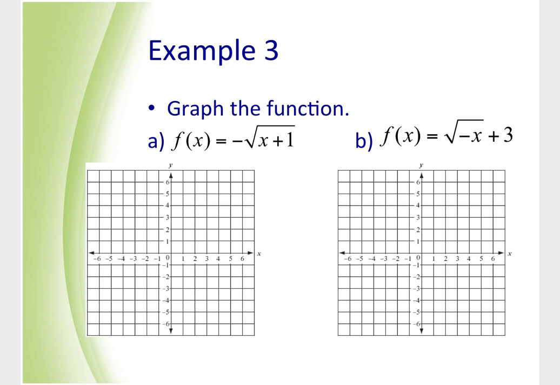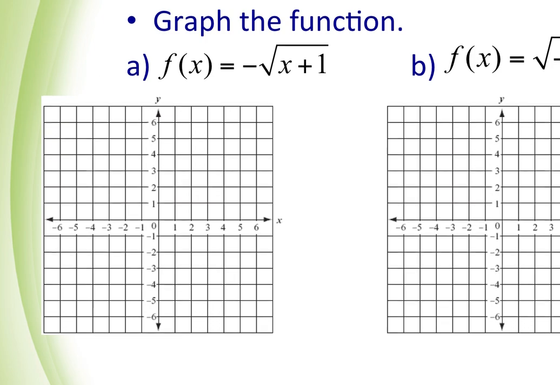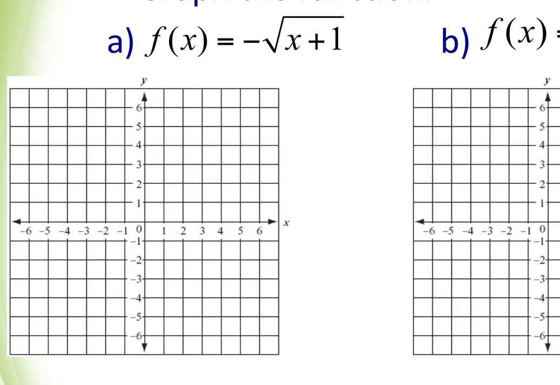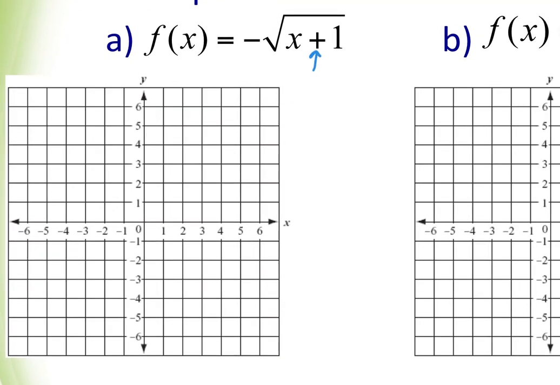All right, example 3. Now what's my parent function? A square root, which is half the parabola turned on its side, or the little arc pointing to the right. So what's happening with A? There's a shift to the left. Left 1 and the negative on the front? Flips it which direction?